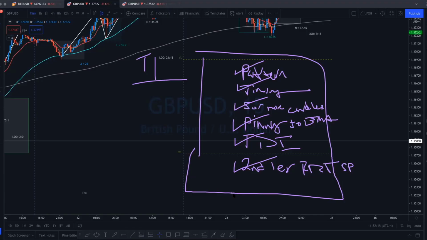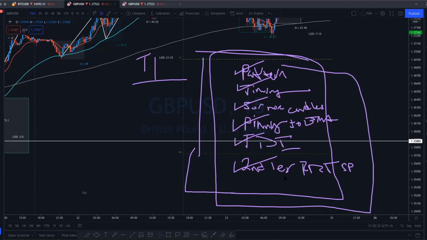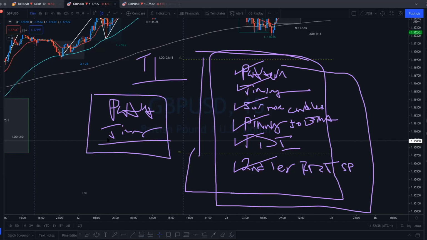How confident would you be in taking the trade setup when all these factors are in play versus just having a pattern and timing in play? So if you had a type 1 setup that gave you a right pattern and right timing, and that's all it gave you, versus a type 1 setup that gave you pattern, timing, candles, pinning, TDI, second leg row, which trade are you taking?